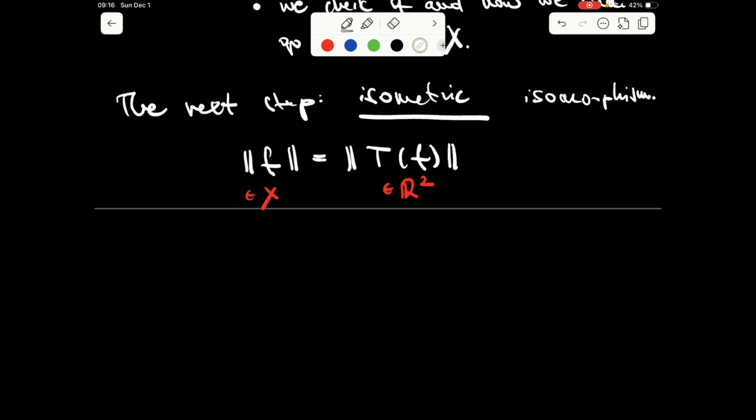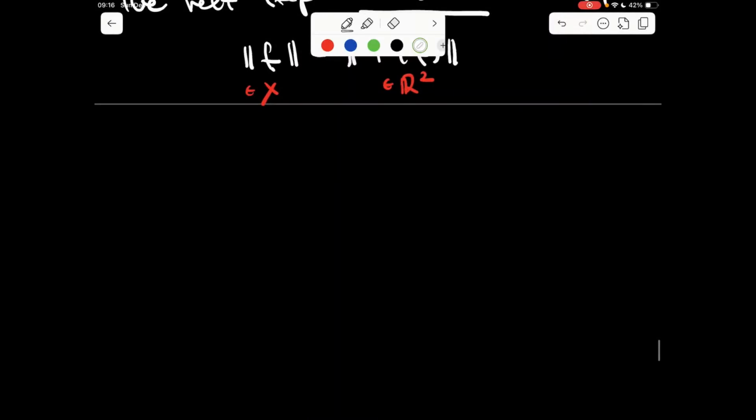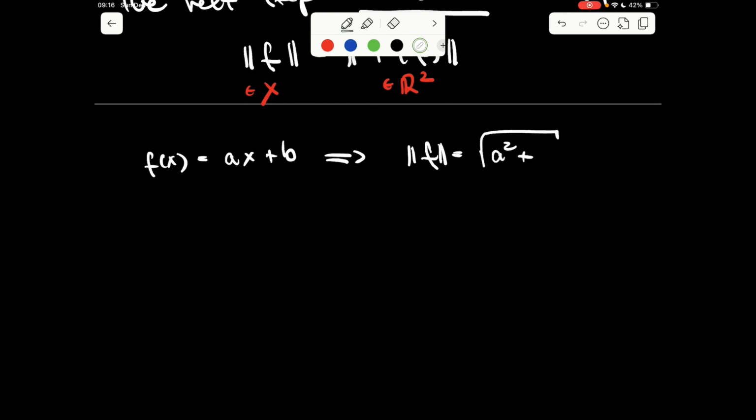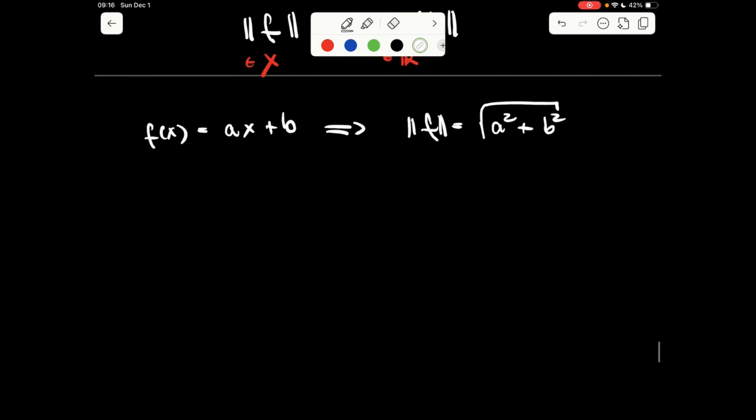So it's no big deal. A function in X takes this form and has the norm which looks exactly like the Euclidean norm in R squared. So this is the first thing to note.